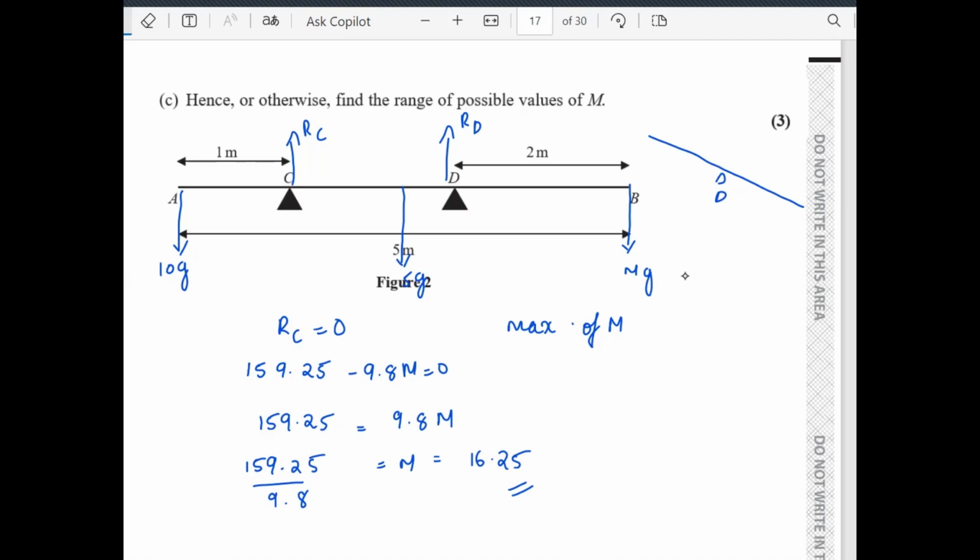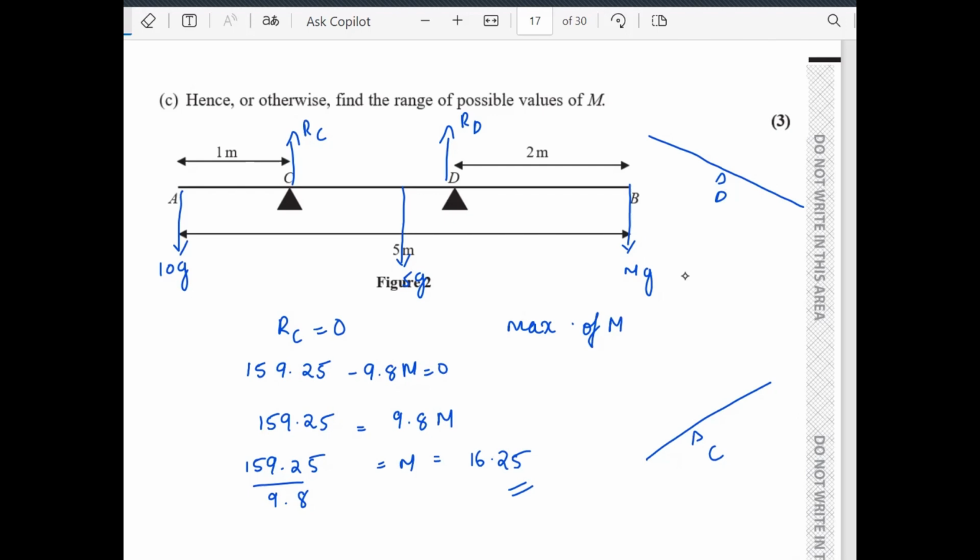Now we have one more condition. The next condition is when the m value is so small that the uniform rod is going to be tilting at C. If it is tilting at C, what happens?